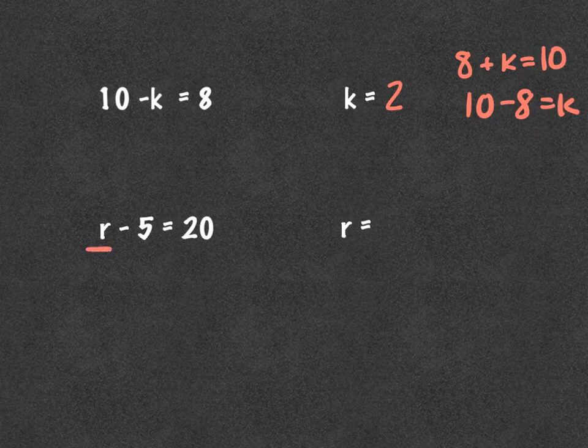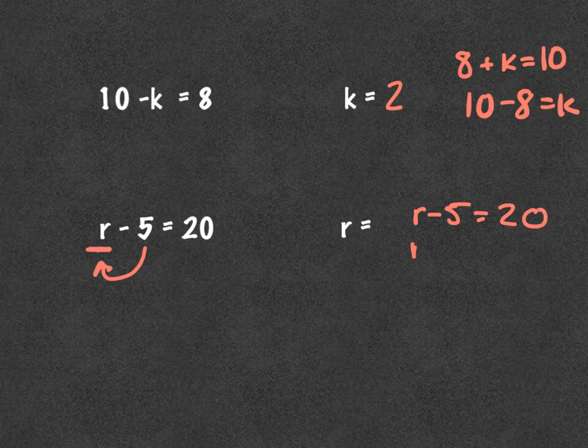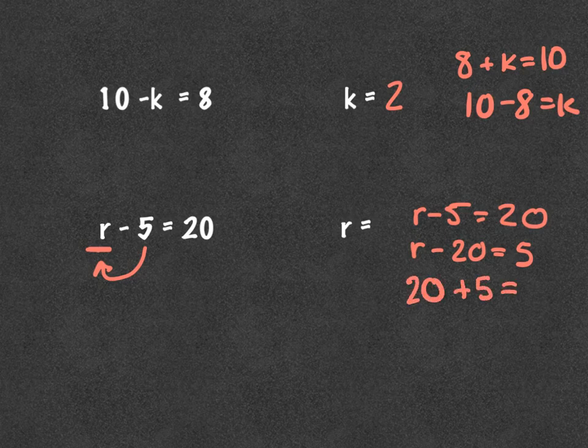Now this one's a little tricky. The R is in the front. So what we're doing is we're taking 5 away from the R. So if we were to write this as a fact family, we would have R minus 5 equals 20, 20 minus R equals 5, and then our next part of our fact family, we could have 20 plus 5 equals R. Okay, so that's really what we're looking for here.